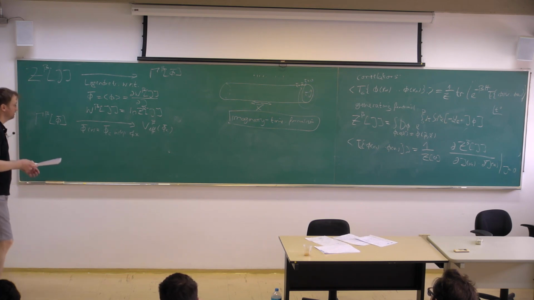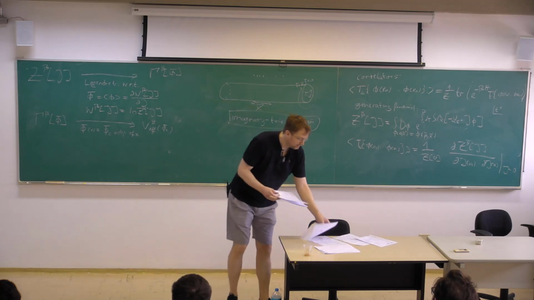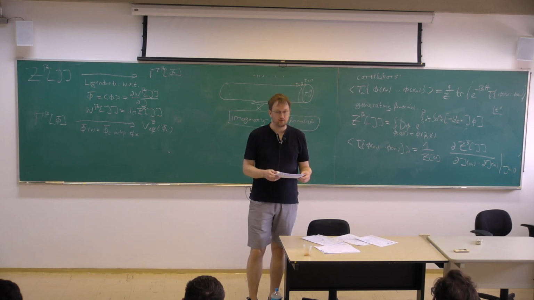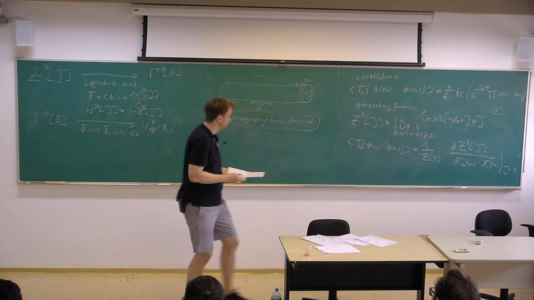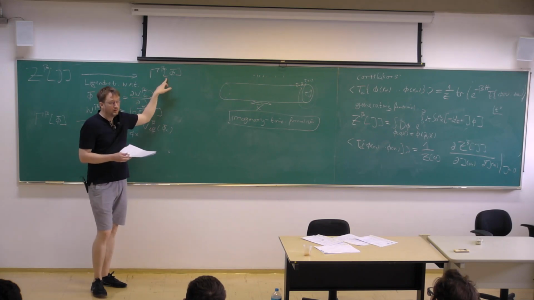Now I can also derive a representation of the effective potential in terms of 1PI functions. Again, the same as before, using the fact that this effective action is the generating functional of 1PI functions.